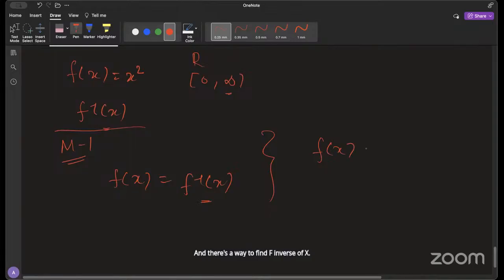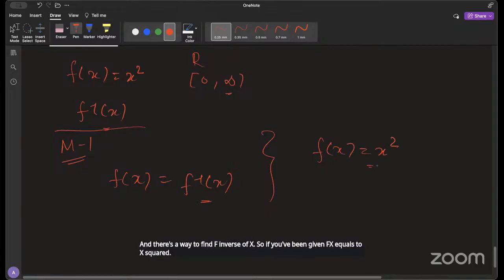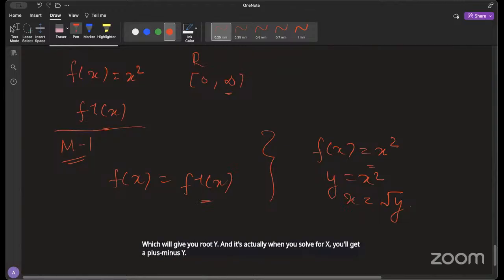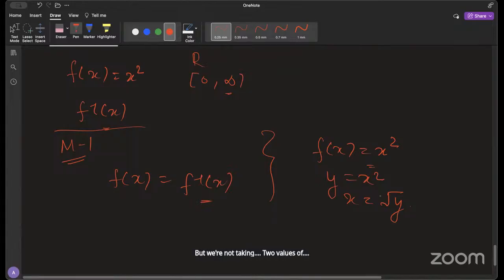So if you've been given f(x) equals x square, you can just put y equals x square and solve for x, which will give you root y. Actually, when you solve for x, you get plus minus root y. But we're not taking two values of x here.